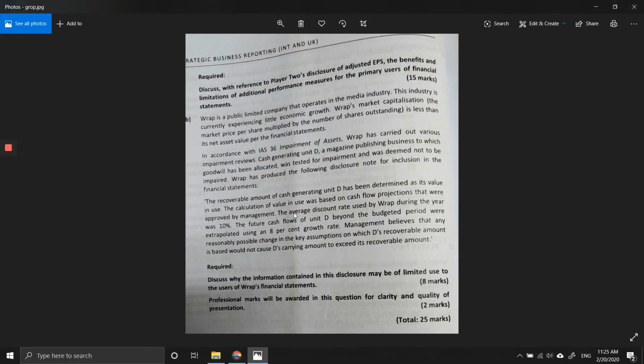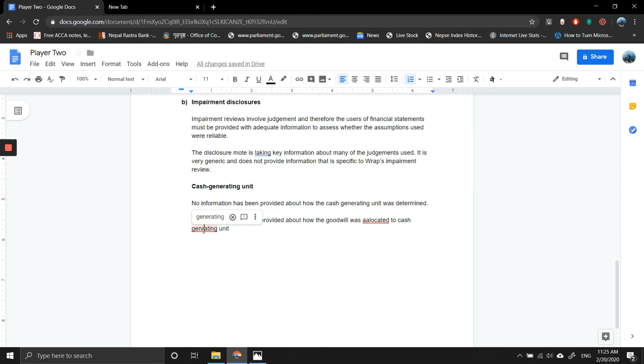Isn't that the case? The average discount rate of the cash generating units to which goodwill was allocated was deemed not impaired. It does not say on what basis. Okay.